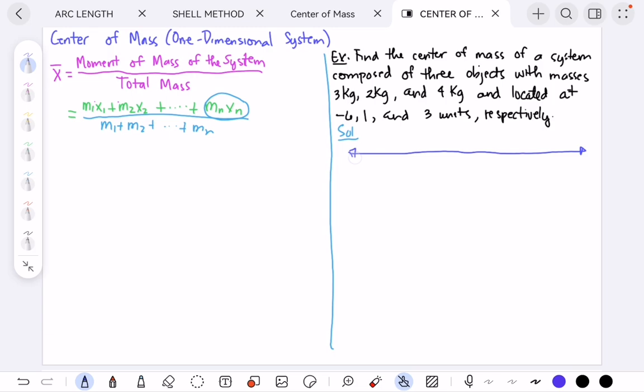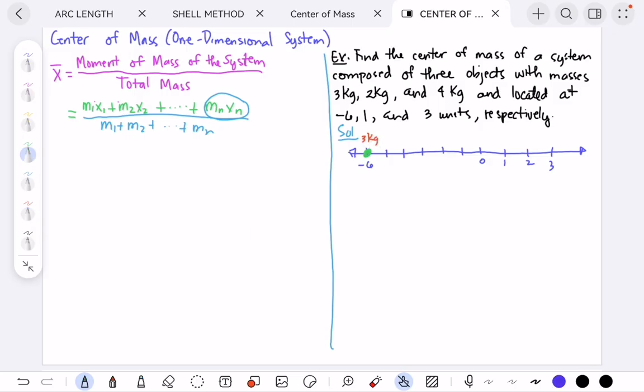Say this is negative 6, negative 5, negative 4, negative 3, negative 2, negative 1, 0, 1, 2, and 3. Here are the particles. The first particle is located at x equal to negative 6.